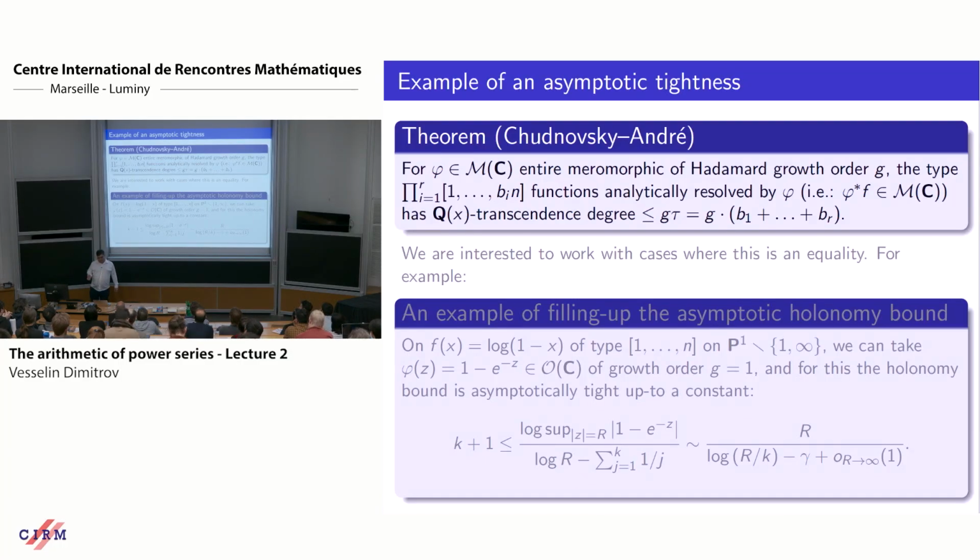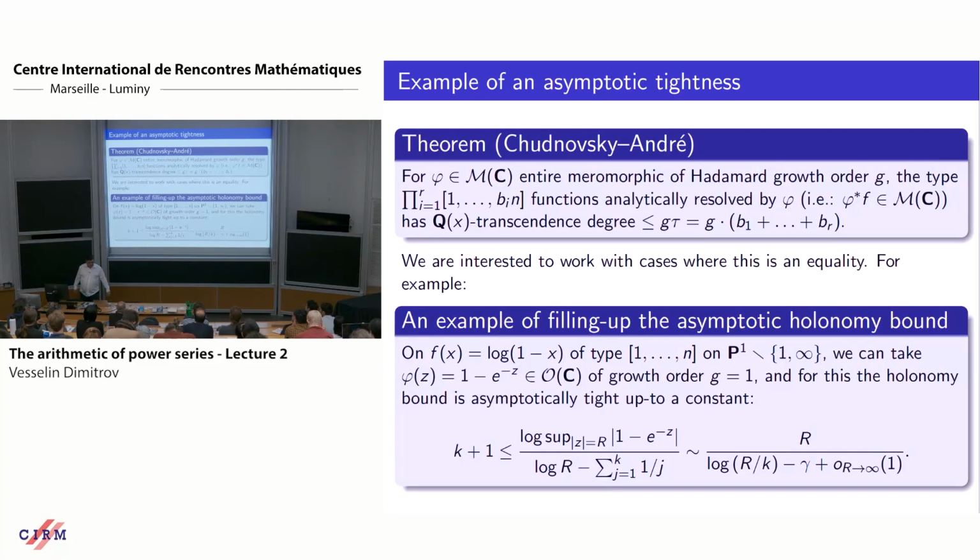As in the previous work on the bounded denominators property, here the idea is to start by looking to identify asymptotic almost near misses of the holonomy bounds. This is how we started that previous paper. And now for the new method, we will use another such situation of an almost equality. So I will start with the example.